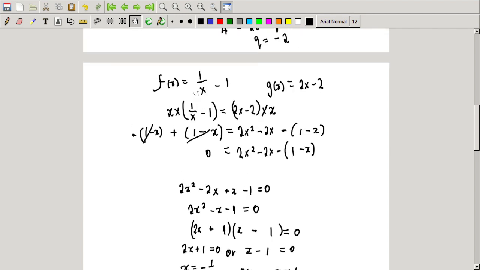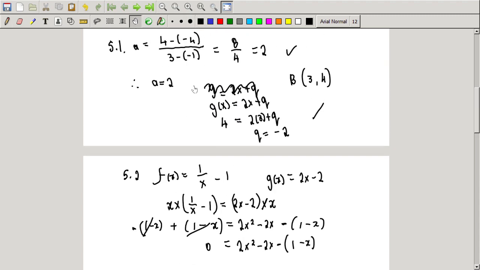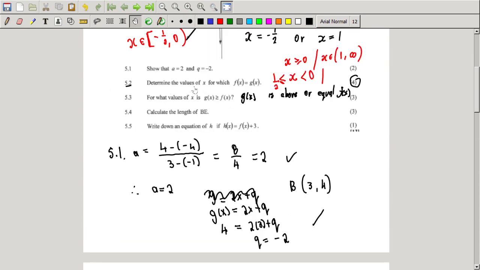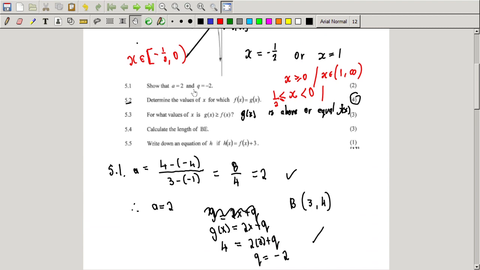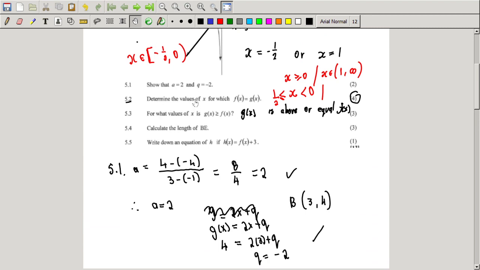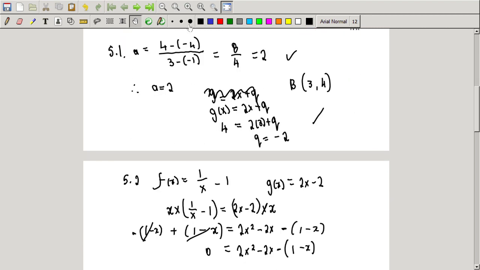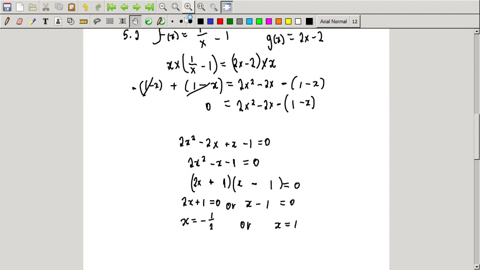This is 5.2, or is it? I think 5.3 I also wrote above. Okay, I was on 5.3 now.